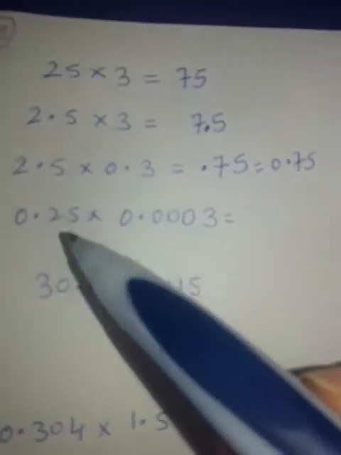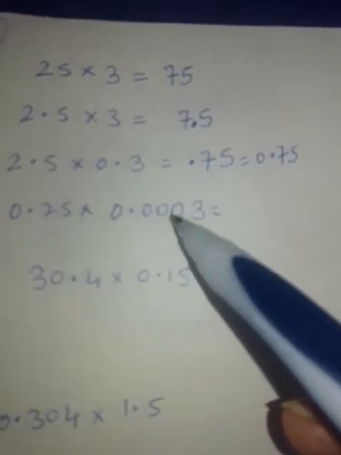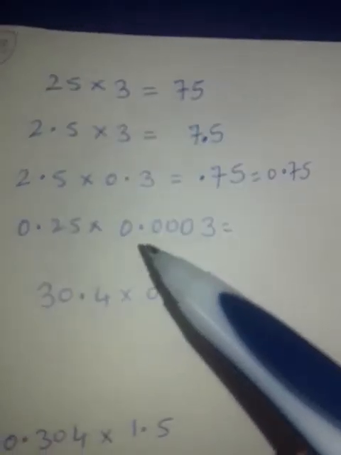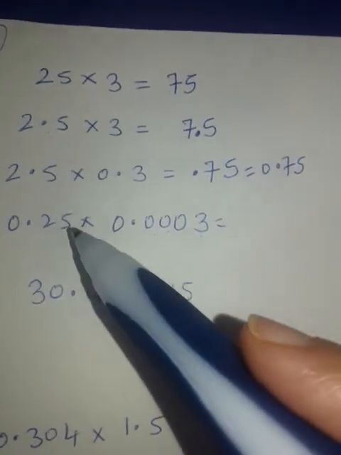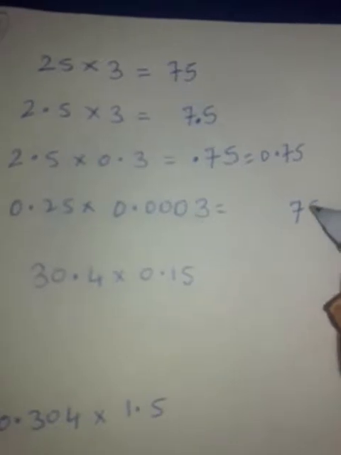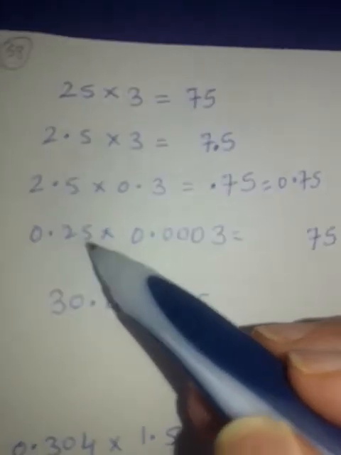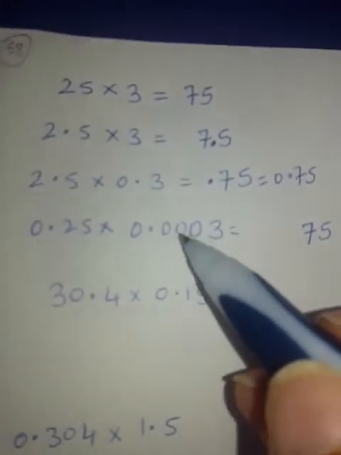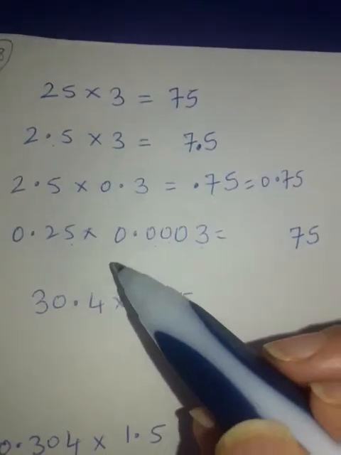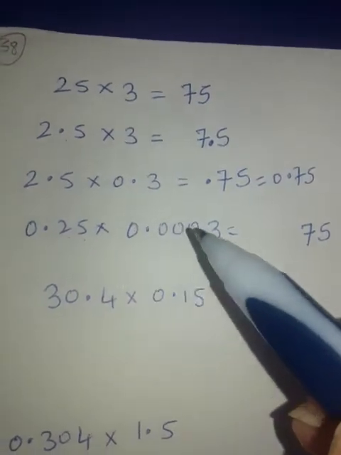Next example, 0.25 into 0.0003. Now what will you do? Again the same procedure. Forget the decimal point. Write the product. 25 threes are 75. First write it down. And then start counting decimal places. Here 1, 2 and here 1, 2, 3, 4. So 2 here and 4 here. So in all there are 6 places after the decimal point.